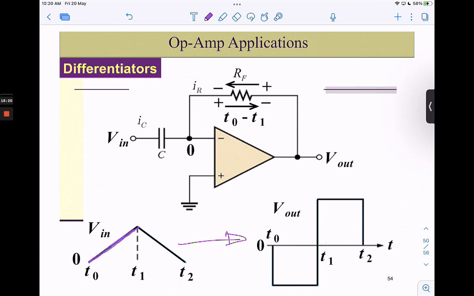So this is the rate of change, delta V over delta T. What you have learned previously in differential calculus, the derivative process, we can use to determine the slope, the positive or negative change of the signals with respect to time. So using the differentiator, we will know whether the slope is positive or negative, and we can also determine the peak of the voltage with respect to time.